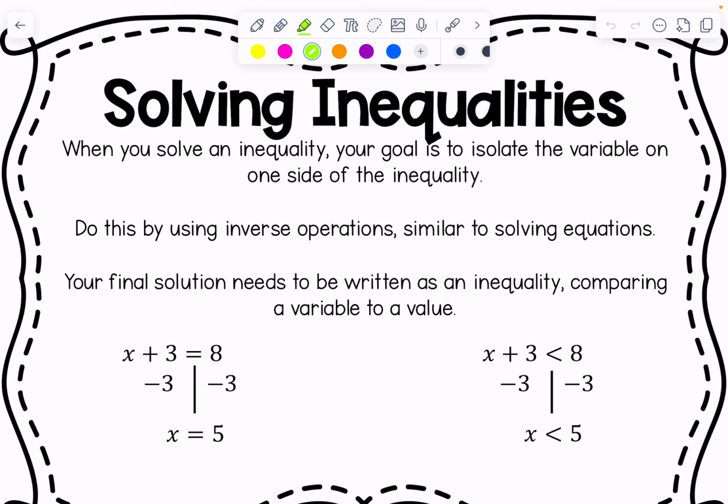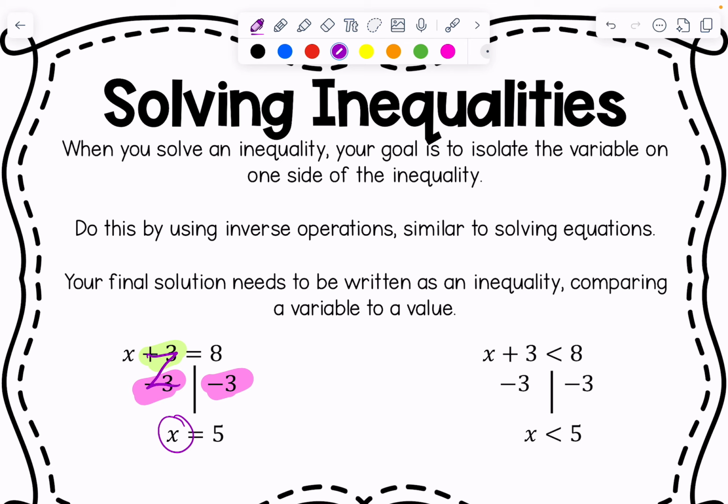So some number plus 3 has to have the same value as 8. We started off by adding 3, and so we wanted to undo that. We ended up subtracting 3, and we did that to both sides. Over here, the positive 3 and the negative 3 zero out, leaving us with just x. And then 8 minus 3 gives us 5, so x is equal to 5.